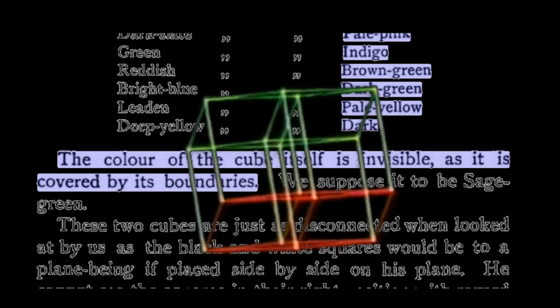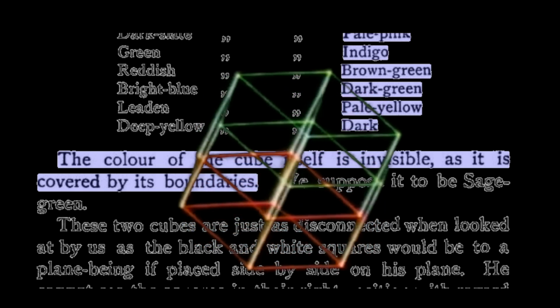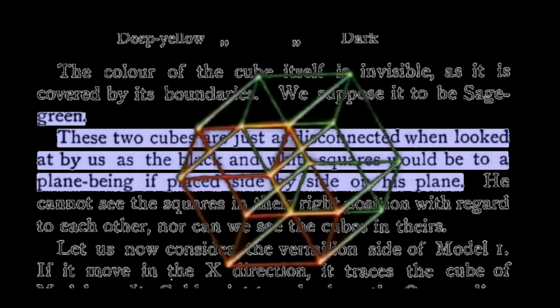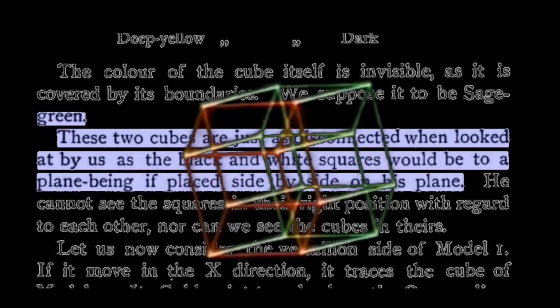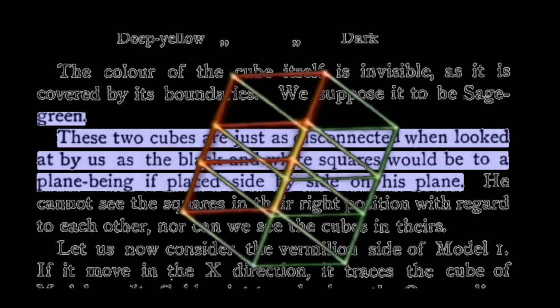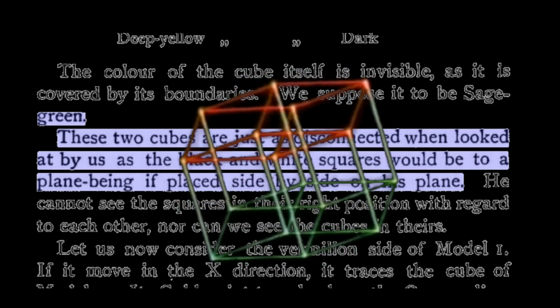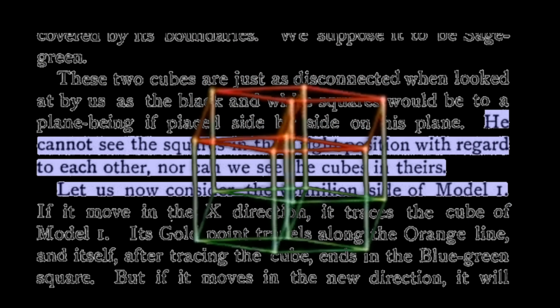The color of the cube itself is invisible, as it is covered by its boundaries. We suppose it to be sage green. These 2 cubes are just as disconnected when looked at by us as the black and white squares would be to a plane being if placed side by side on his plane.